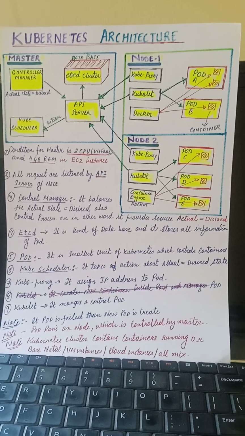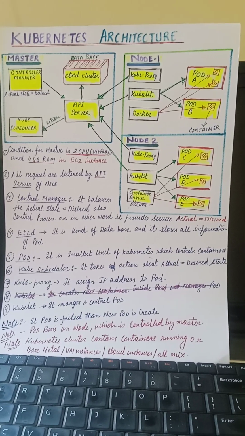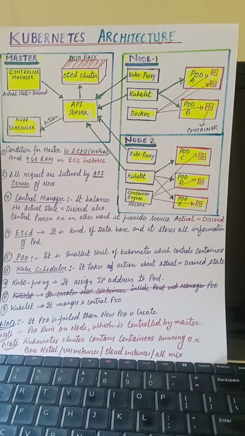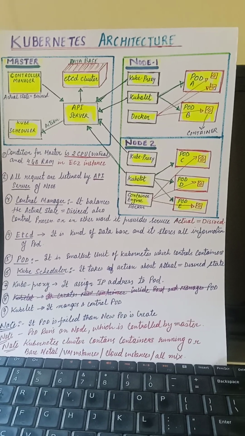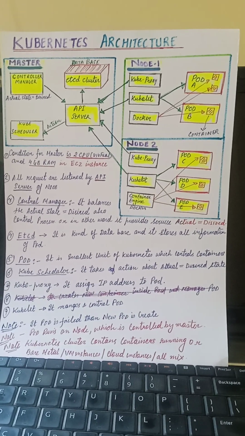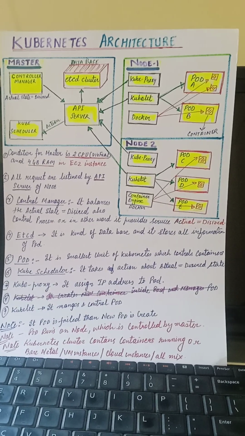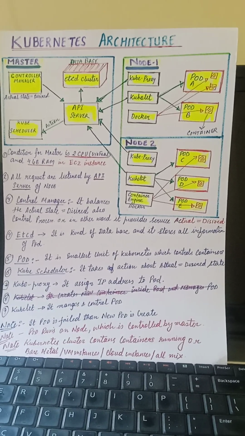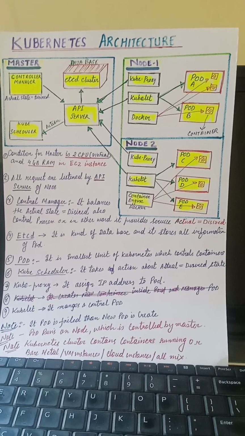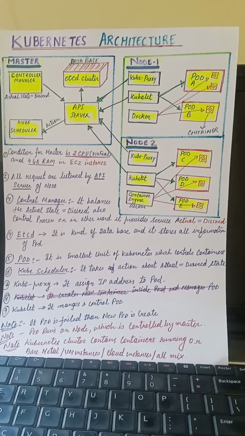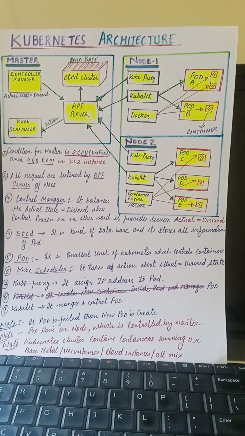So here in the figure we can see a box on the left-hand side known as master, and inside the master there are four very important components. One is the API server, the etcd cluster, the controller manager, and the kube scheduler.